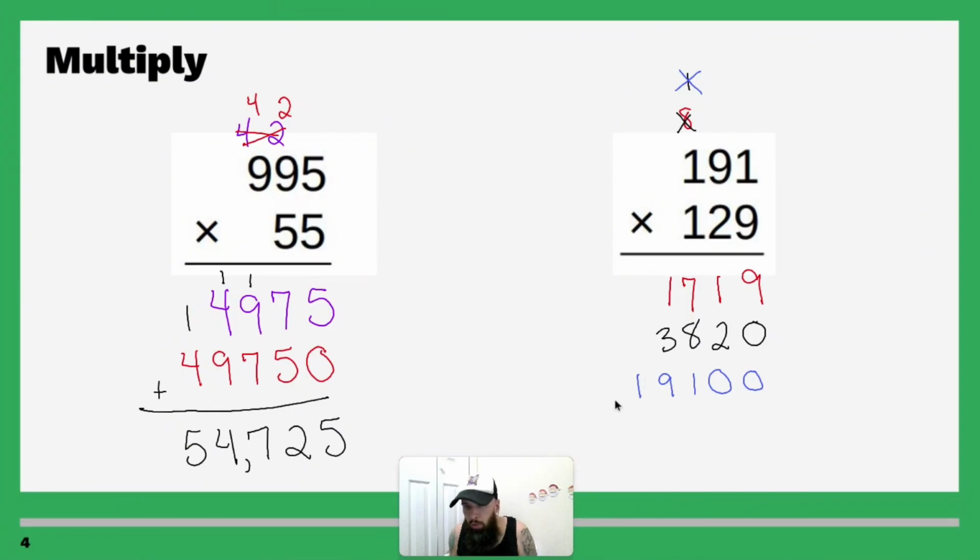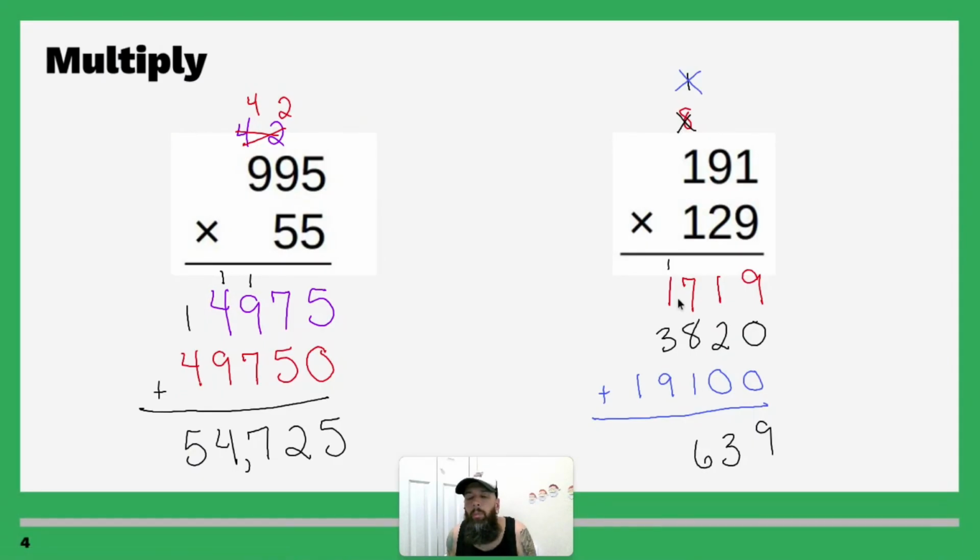Now I have these three numbers that I'm going to add together. So let's add them. 9 plus 0 plus 0 is 9. 1 plus 2 is 3, plus 0 is 3. 7 plus 8 is 15. 15 plus 1 is 16.